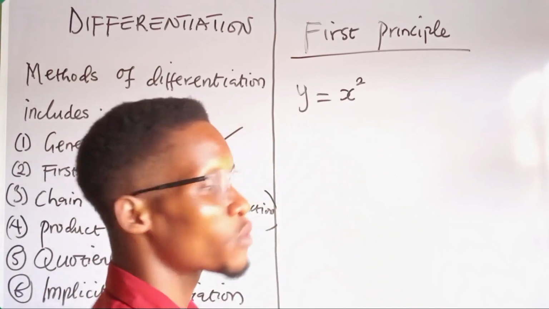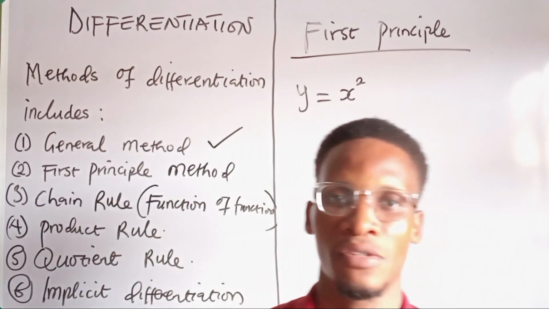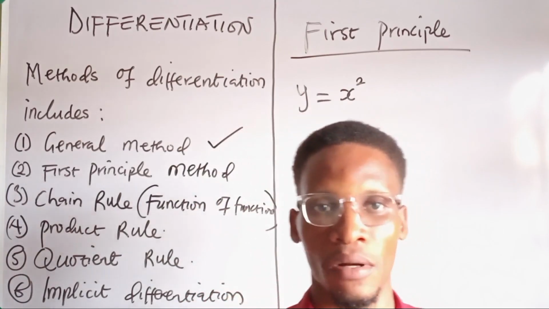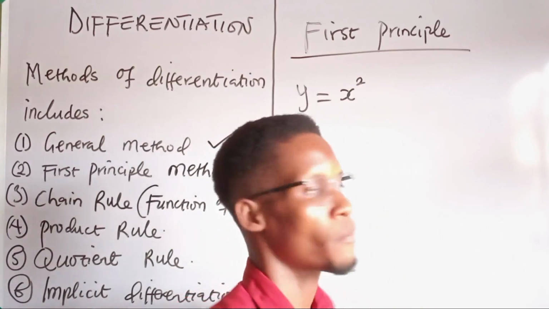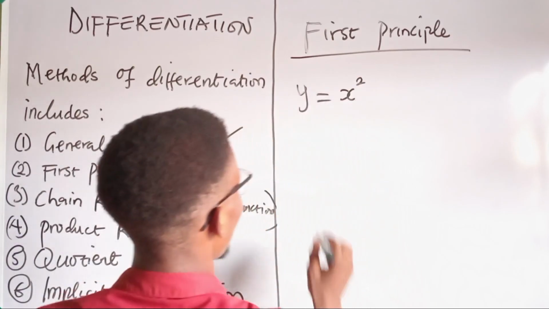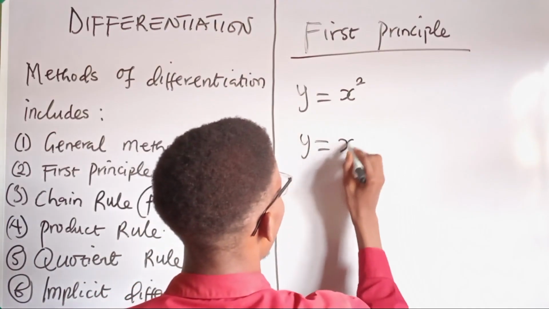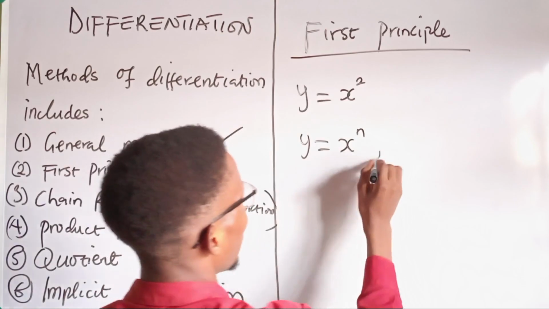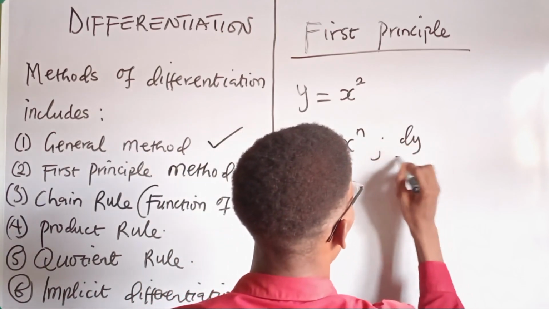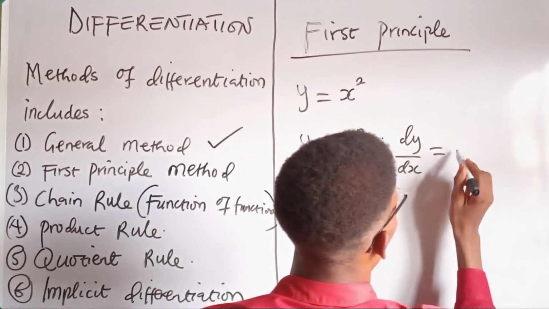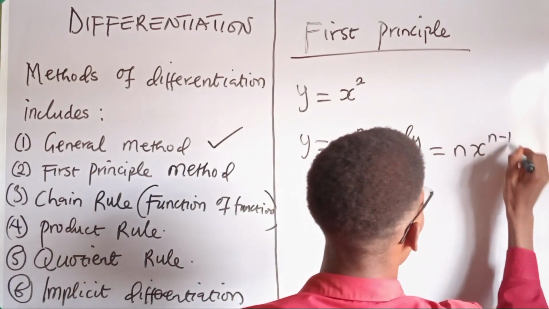You may know what to do, but for you to know that you did not make a mistake along the line while solving the problem, it's advisable that you apply the general method, which states that y is equal to x raised by n. Then when it's differentiated, dy over dx is equal to n x raised by n minus 1.